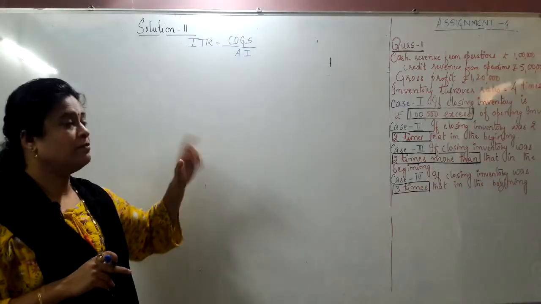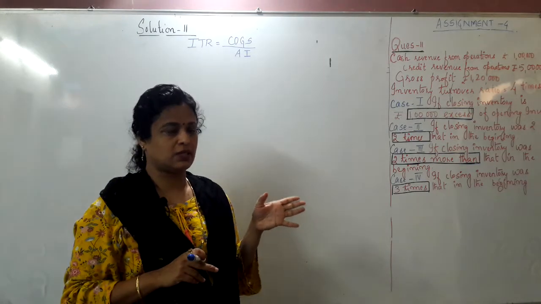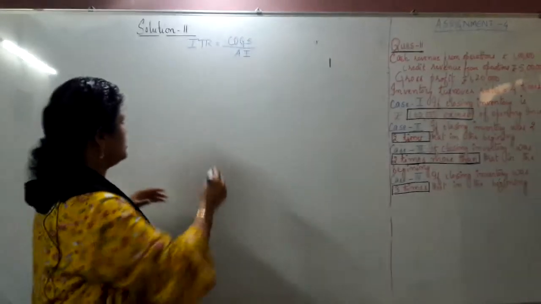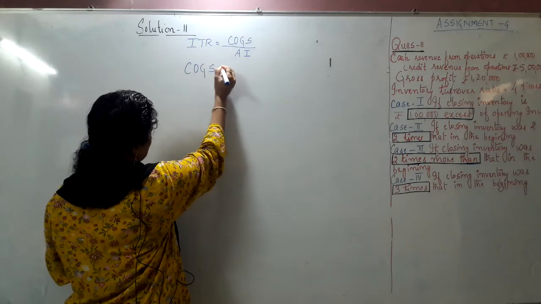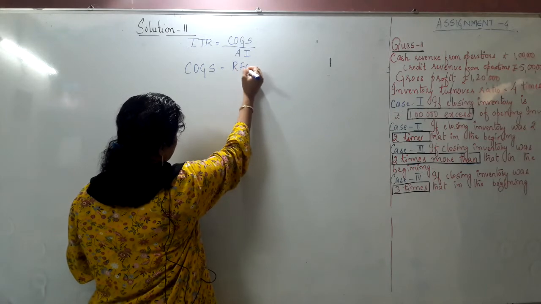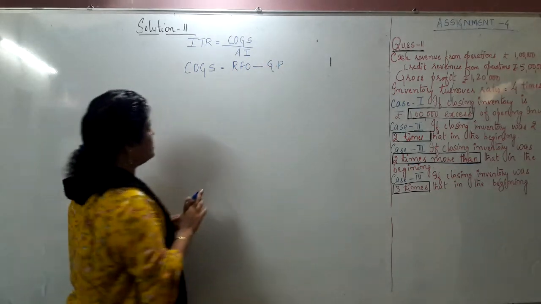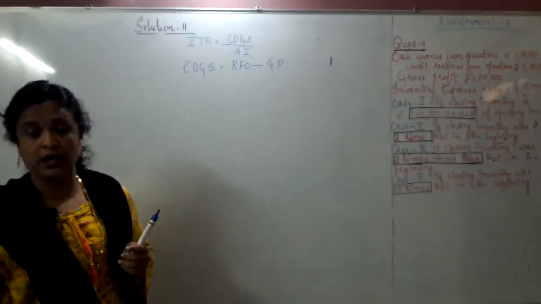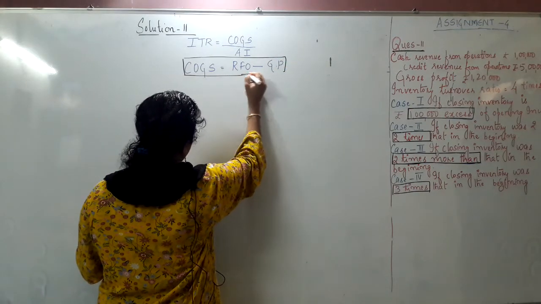Children, we have already studied 4 formulas to calculate the COGS. Out of those, the formula we will use here is RFO minus GP. We will use this formula, RFO minus GP, for calculating the cost of goods sold.